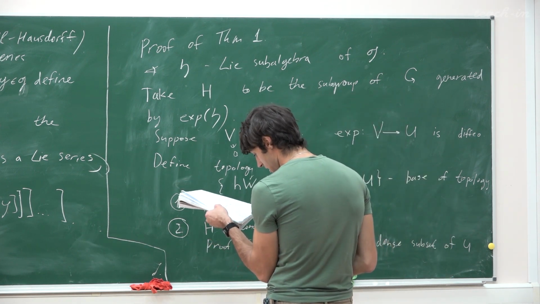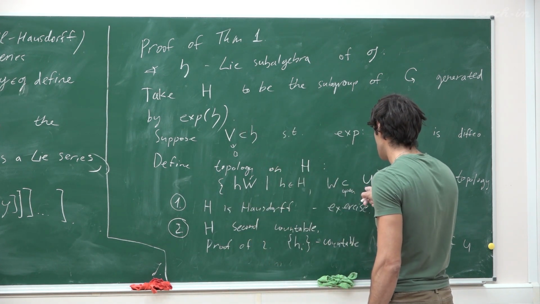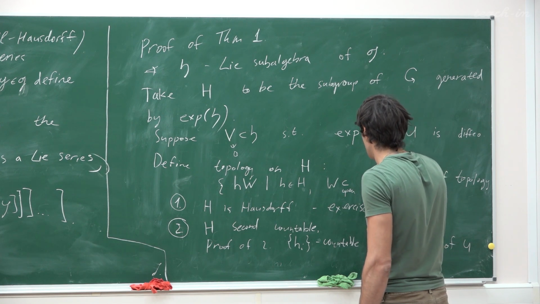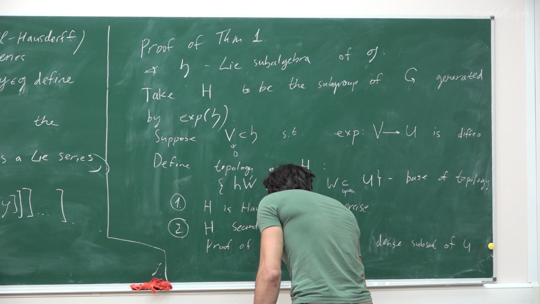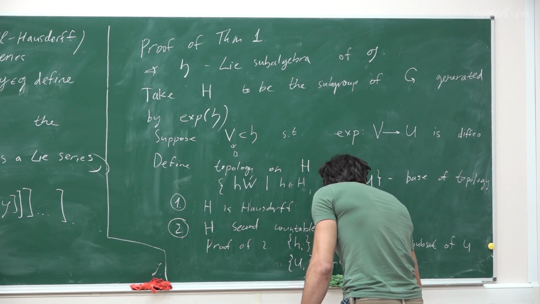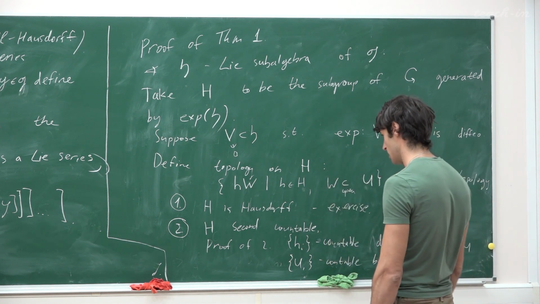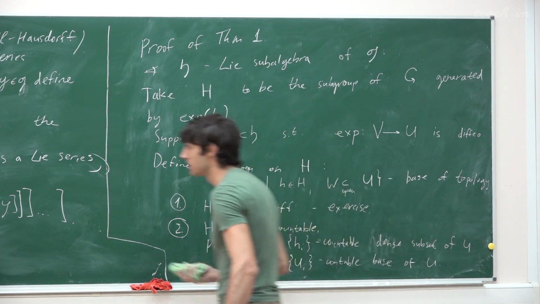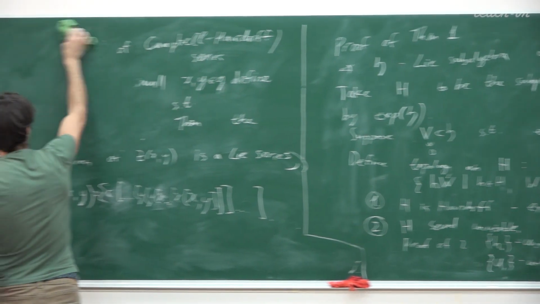Okay, then U, again, it's a manifold, so it's second countable. So I can take U_i to be a countable base of U. And then the exponential is an open map.